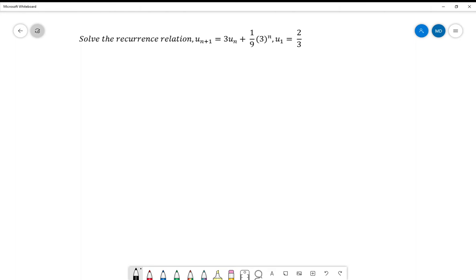So rearranging, we get u(n+1) minus 3un is equal to 1/9 times 3 to the power of n. Solving the left-hand side equal to 0 for our complementary function, we're going to get something that looks like c times 3 to the n.